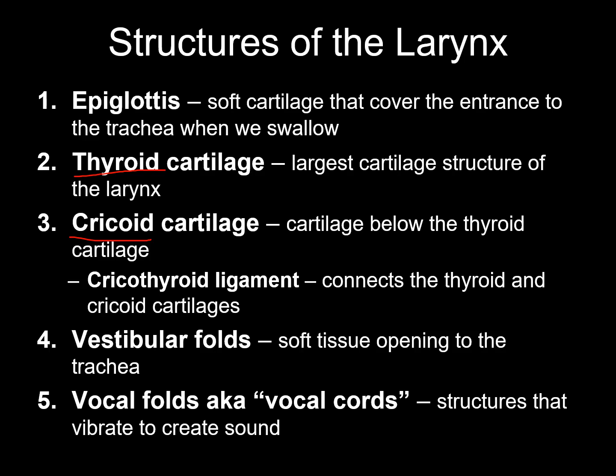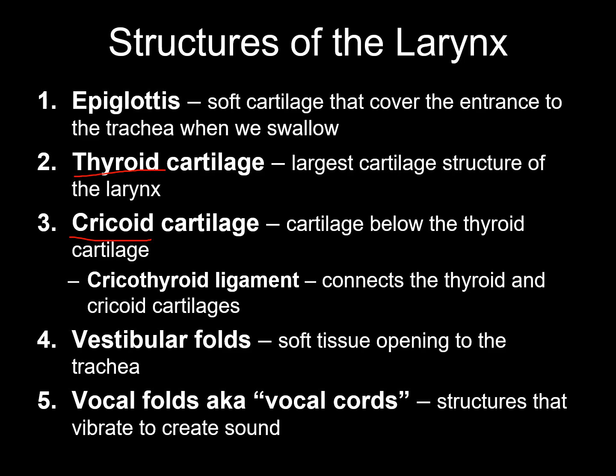And then we have some structures that are actually going to be part of our voice box or vocal cords. And we have two different structures. There's one we call the true vocal cords and ones that are the false vocal cords.